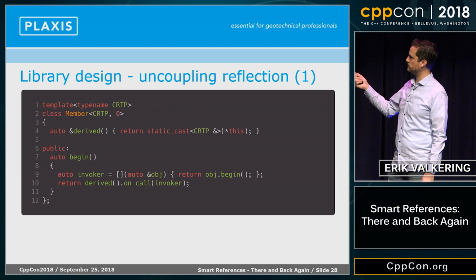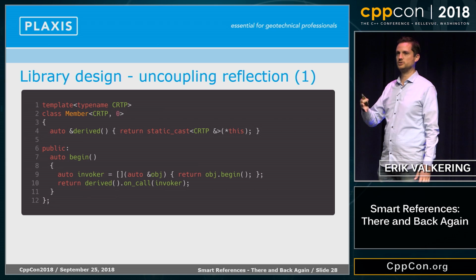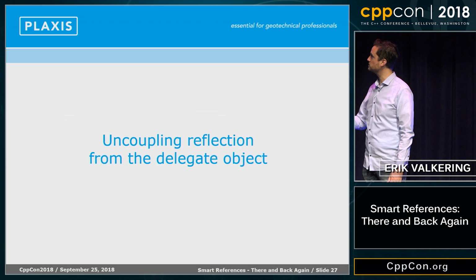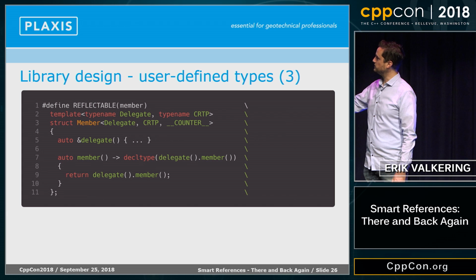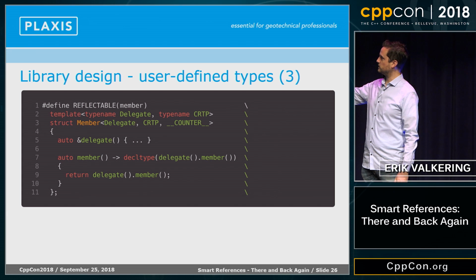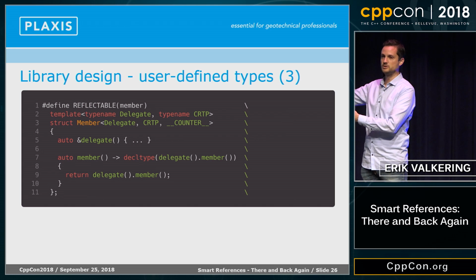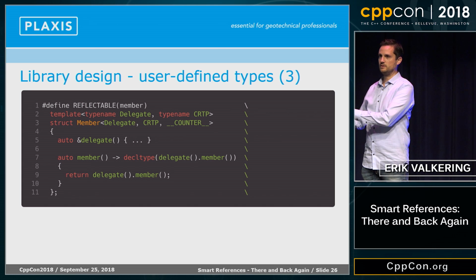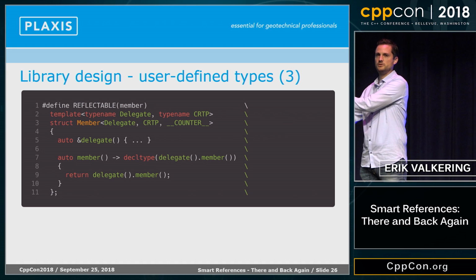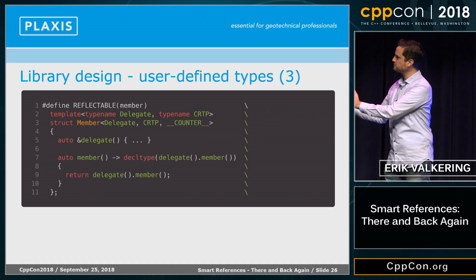So first of all, in the previous design, so if I go 2 slides back, you can see that in this member class, the member function, so let's say this is the begin function, this is actually the reflection layer, or the reflection emulation layer.